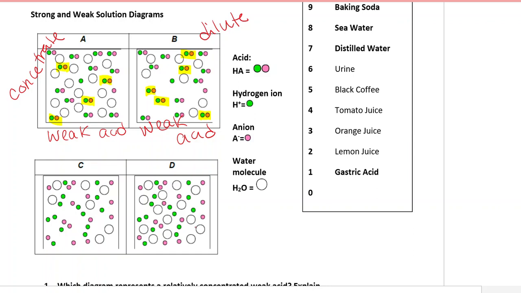They're all ions. They're not paired together. So both of these would be strong solutions or strong acids. And then looking at concentrations, again, this is relative. So choice D is more concentrated, while choice C is dilute.